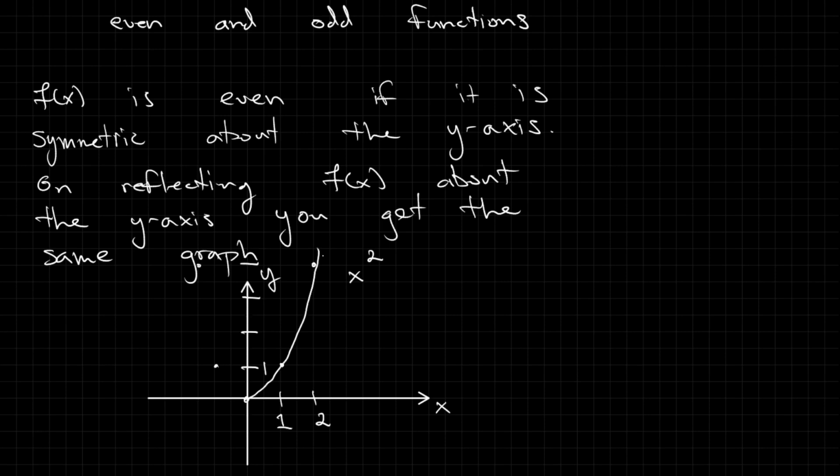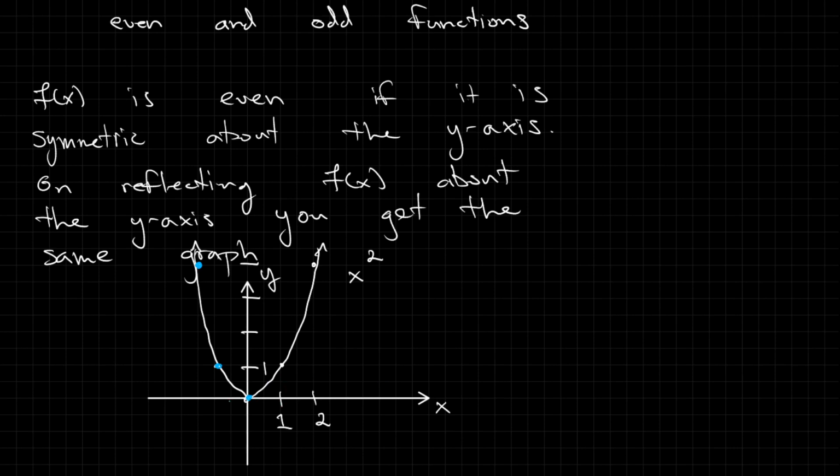So if you take that point 2, 4 and you reflect it about the y-axis, remember that means you take the x value and you multiply it by -1, you get over here on the left side at -2, 4. If you take 1, 1 and reflect it about the y-axis, you get -1, 1. 0, 0 stays exactly where it is.